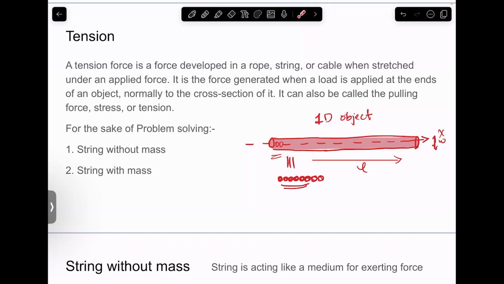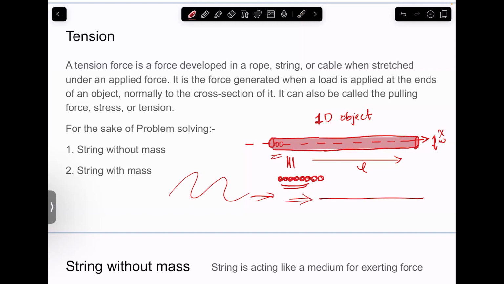So tension basically means stretching. That is a Latin word. When you are pulling a rope, initially the rope will be lying like this. When you pull it, what will happen? It will become straight, right?